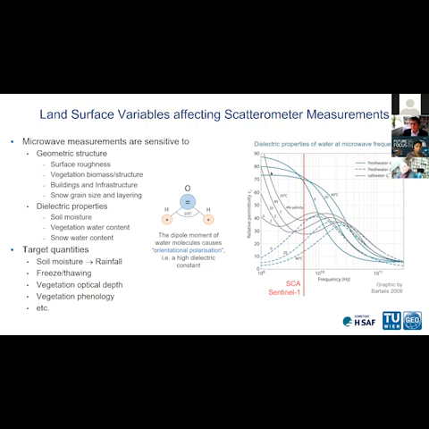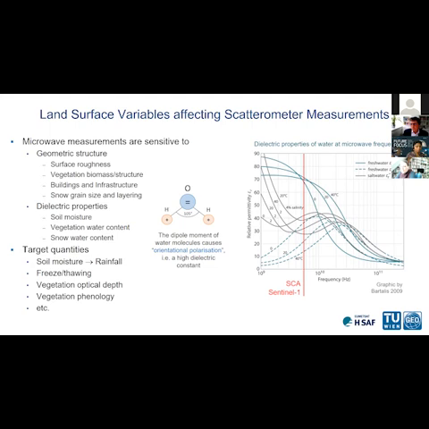extremely high. If you look here to the right, this graphic shows the dielectric properties of water at microwave frequencies from about 1 gigahertz to 10 gigahertz and up to 100 gigahertz. In particular, at the low microwave frequencies, you see that the real part of the dielectric constant is extremely large.